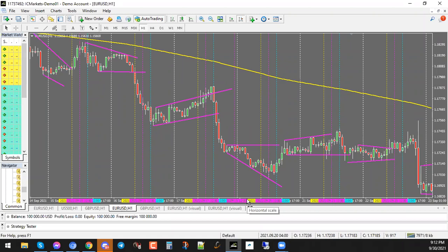These are the times when these patterns cause the price to move. So you need to be careful with them, okay? Make sure that if you're going to trade them, you understand when you need to look out for your price movement.